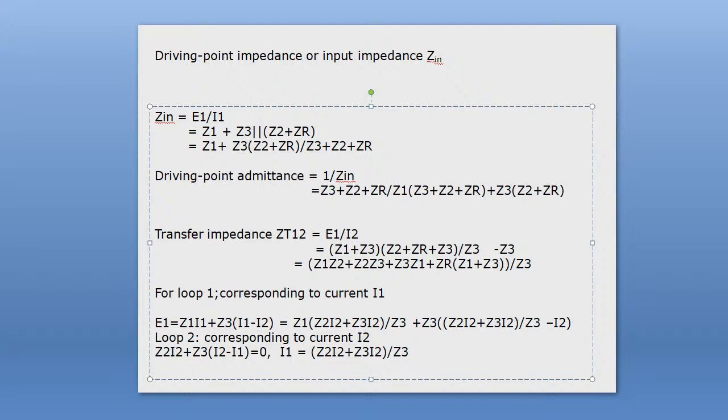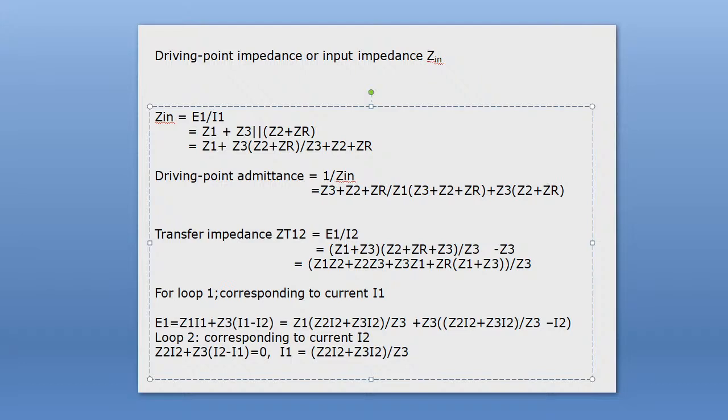After that you derive the expression of I1 in terms of I2 and Z1, Z2, Z3, and later on you put the value of I1 in the loop equation corresponding to I1 current, and then you simplify that expression and you will finally get the transfer impedance expression like this: Z1 Z2 plus Z2 Z3 plus Z3 Z1 plus ZR into Z1 plus Z3 divided by Z3. Okay, now tell me, what are the units of impedance and admittance?